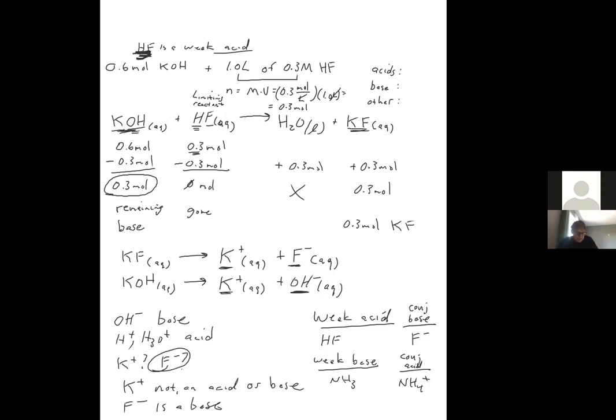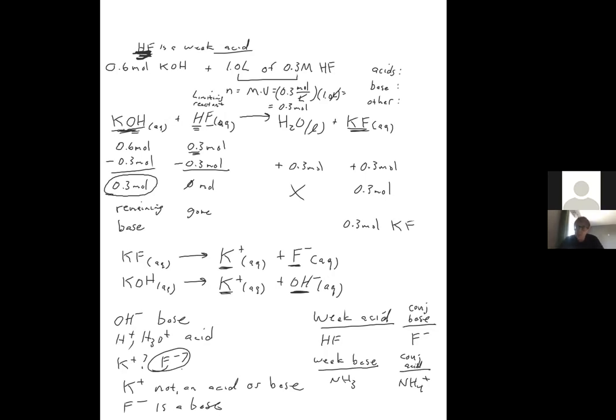And if it is the conjugate base of a weak acid, it will be a relatively strong base, and we have to be very careful about the language here, meaning that it will affect acidity. It'll make water basic. It's not a strong base, it's not OH minus, but it will have an effect on the acidity.